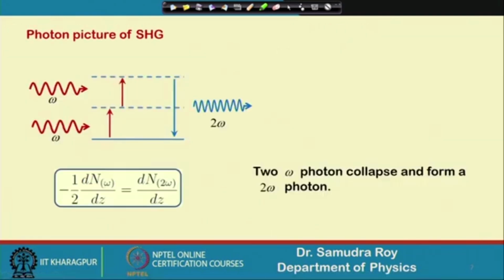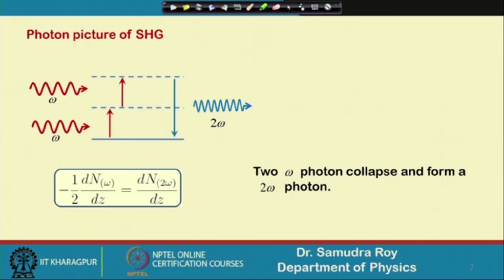If I try to picture this, we can say that two photons with omega frequency collapse and form one 2 omega photon.